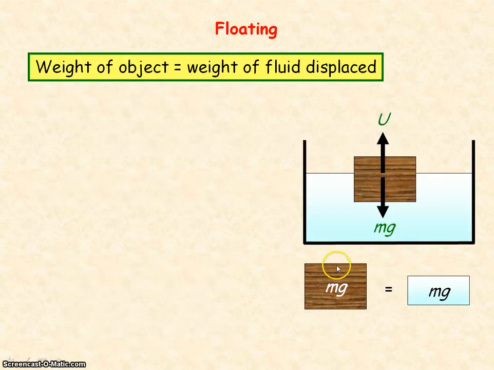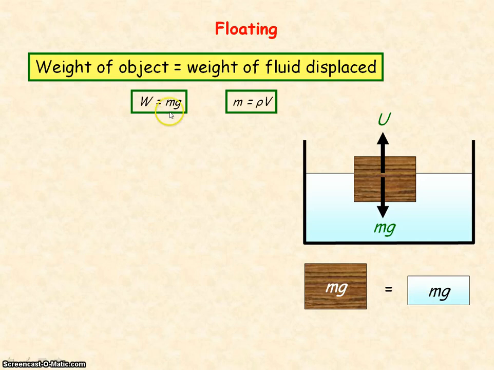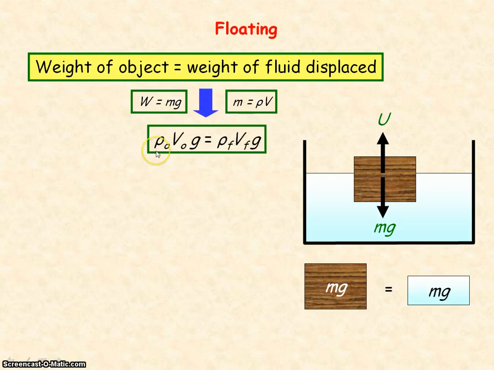So for a floating object, the weight of the object is equal to the weight of the fluid that is displaced by the object, and as weight equals mg and mass equals density times volume, then we can say that the mass of the object times g equals the mass of the fluid times g.